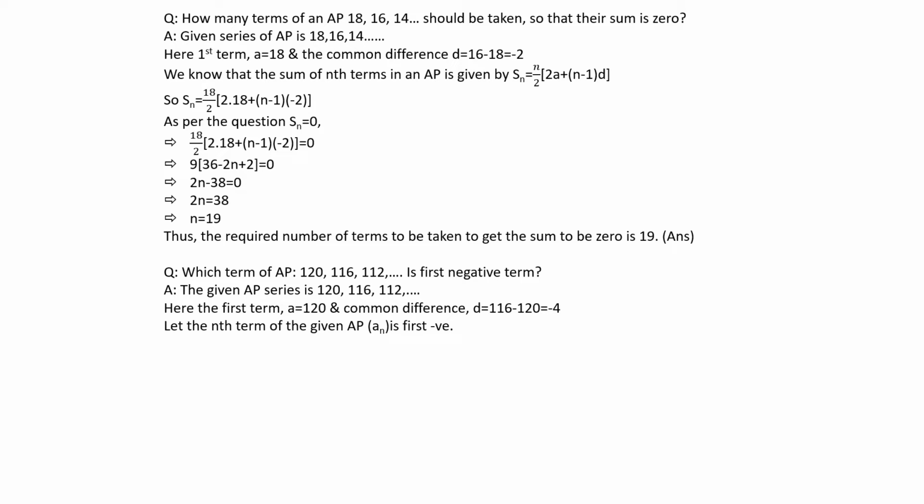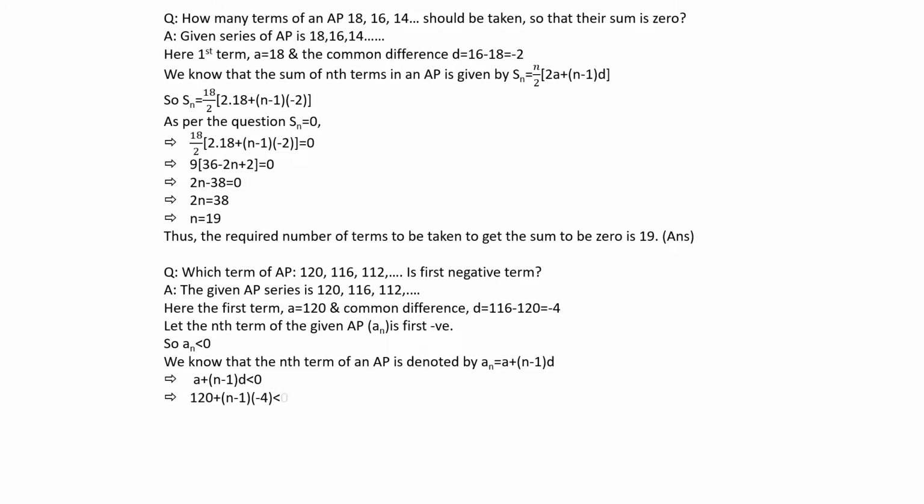Let the nth term of the AP, an, be the first negative. Now that means an less than 0. We know the nth term of an AP is denoted by an equals a plus (n minus 1) whole into d. So we can write a plus (n minus 1) whole into d less than 0.